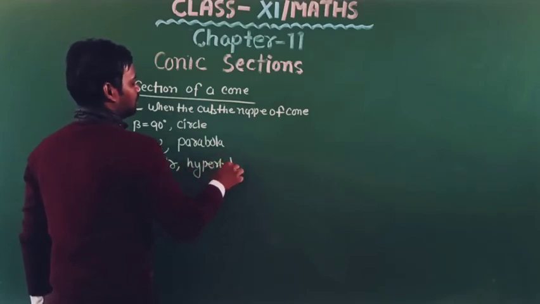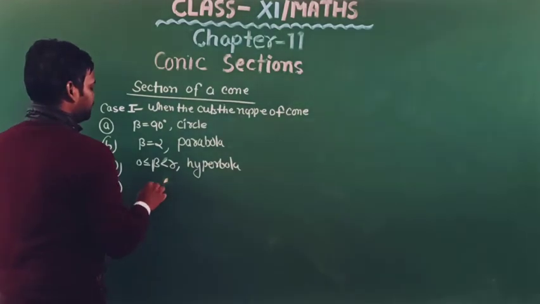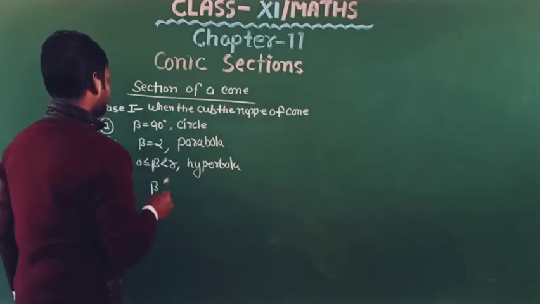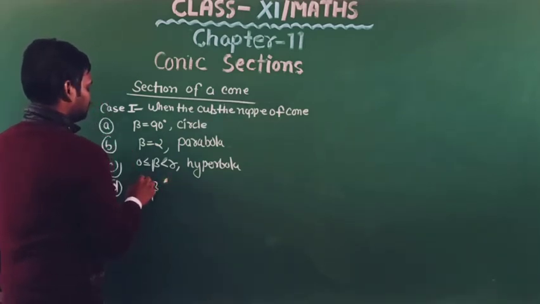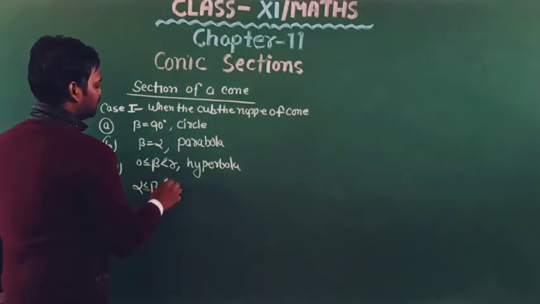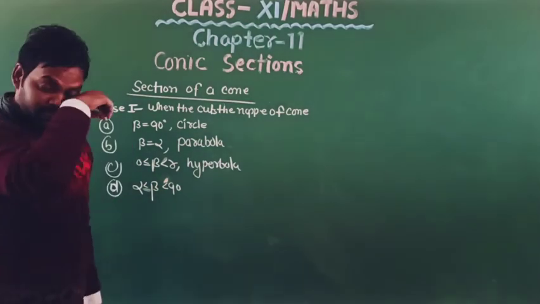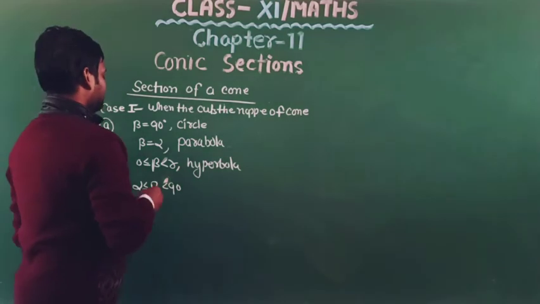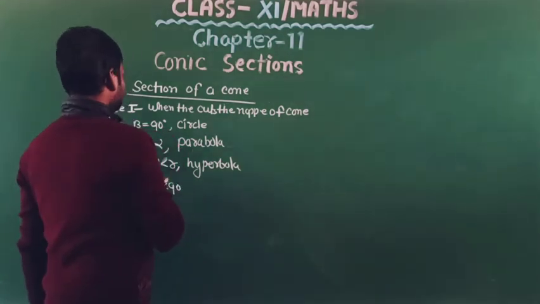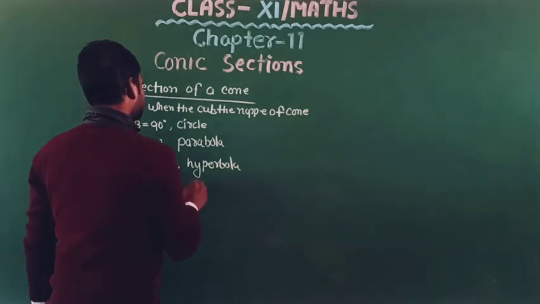This is a hyperbola. And D: when beta is greater than alpha and less than 90, in this case the section obtained is called an ellipse.